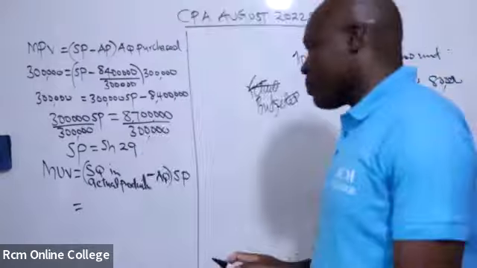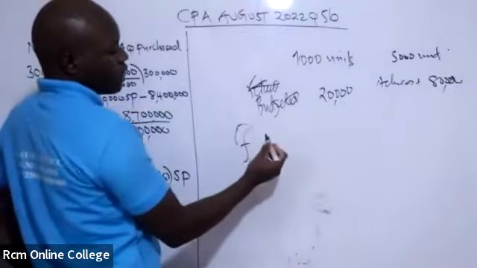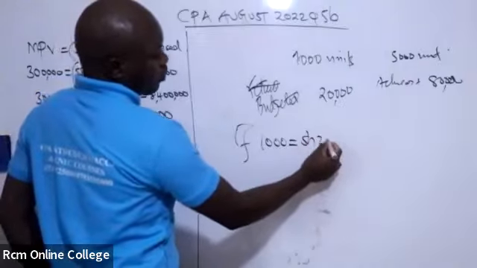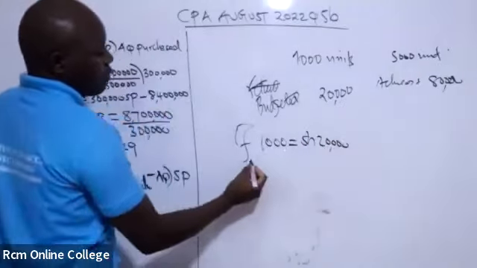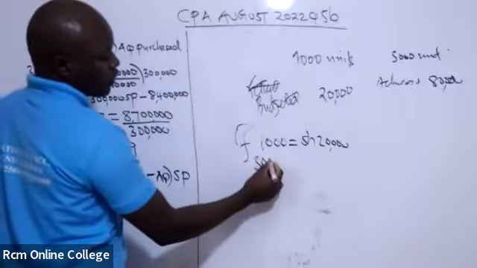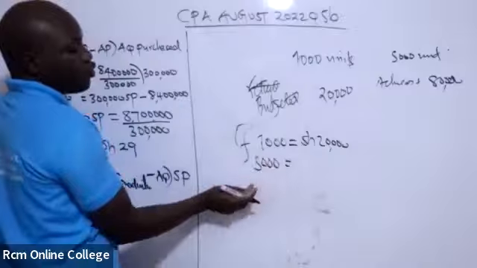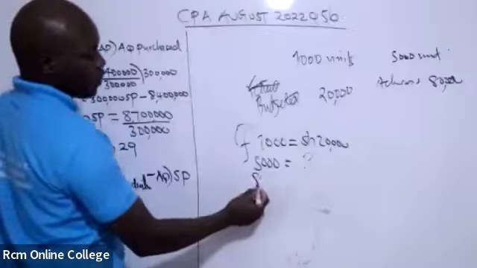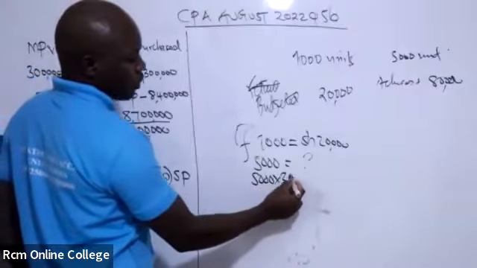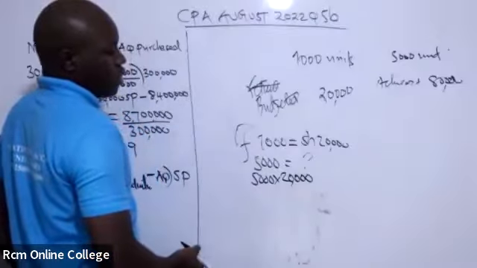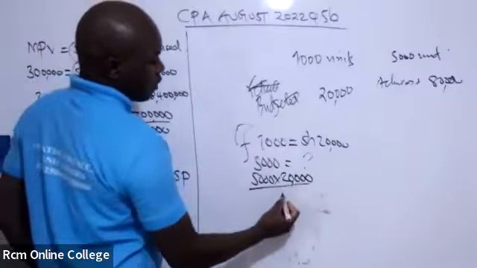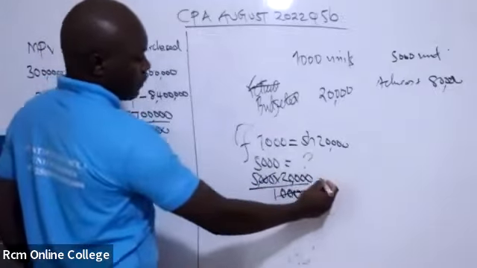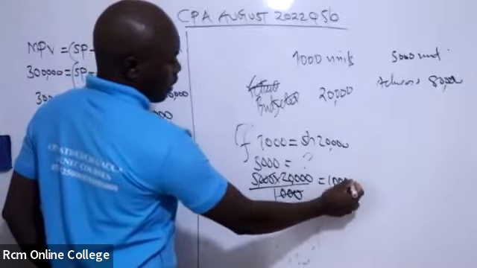So if my budget was to produce 1,000 units and I was to utilize 20,000 shillings, and now my actual production is 5,000 units, the question is, if my budget was for 5,000 units, how much would have been my budgeted cost? 5,000 times 20,000 divided by 1,000 gives about 100,000.